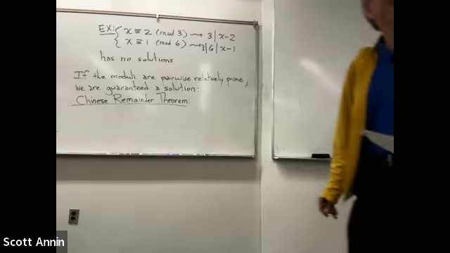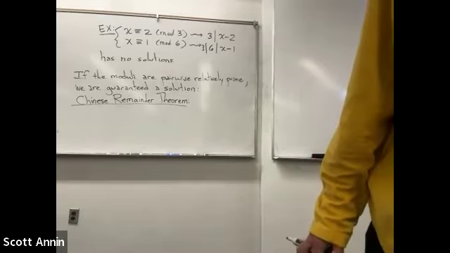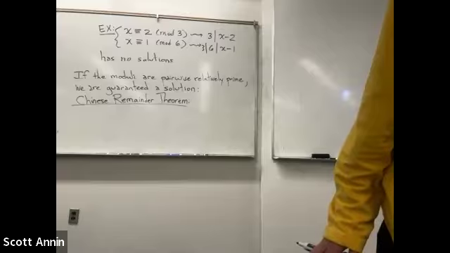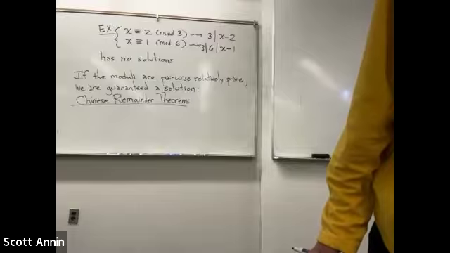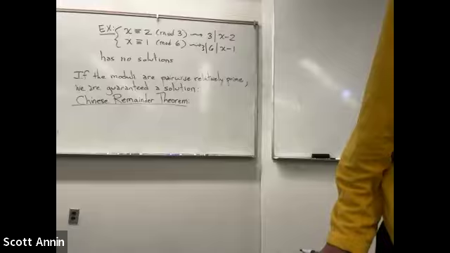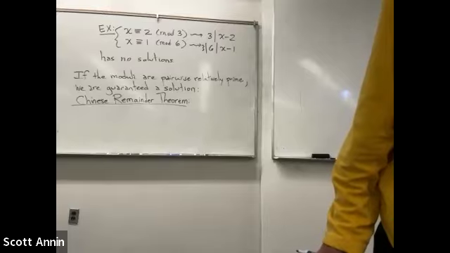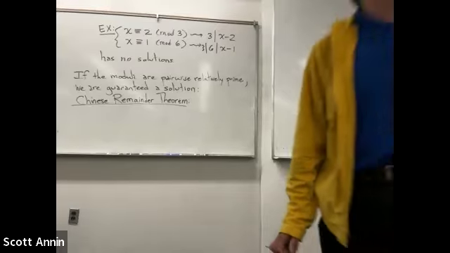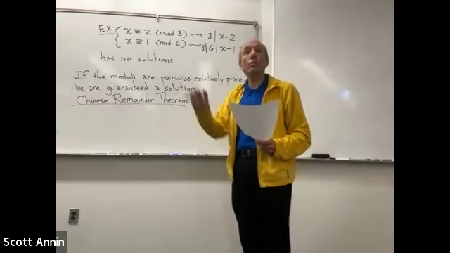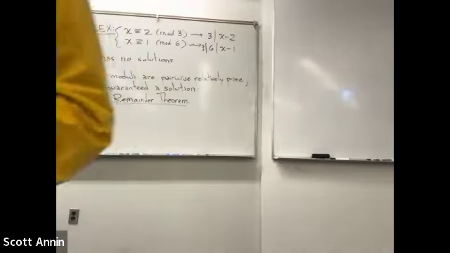Anyway, would one state that if x is congruent to a mod n1 and x is congruent to b mod n2, when n1 and n2 are relatively prime, then x is congruent to a times b? It's not a times b, actually. When I state this theorem for you, we'll actually write down what the solution is.